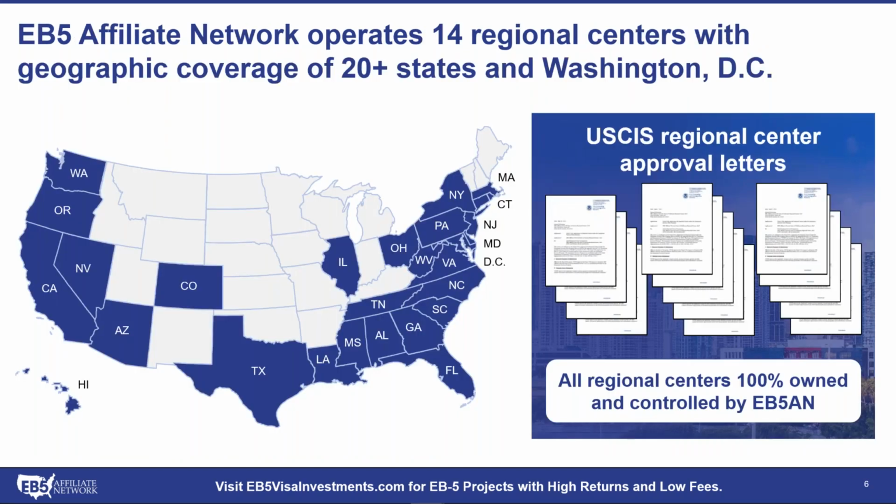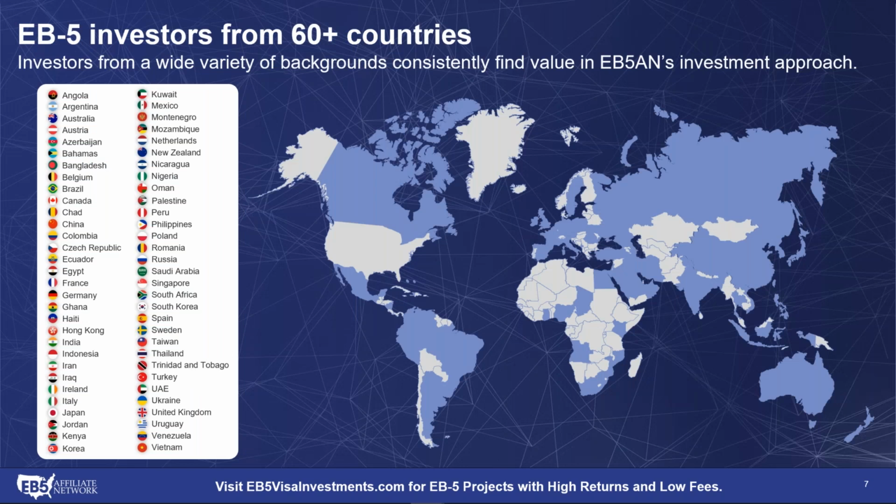And the next slide is a quick map overview of where some of our regional centers are located and where we can immediately sponsor qualified EB-5 investments. And then another map showing just generally the scope of our investor base from more than 60 different countries around the world.